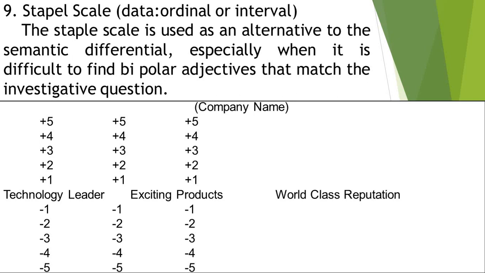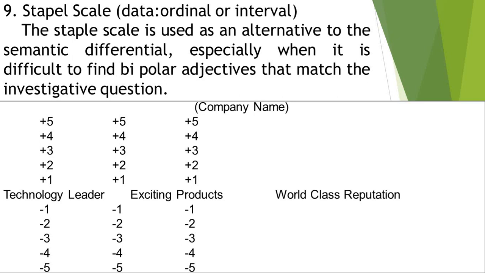Stapel scale. This type of data is ordinal or interval. The Stapel scale is used as an alternative to the semantic differential, especially when it is difficult to find bipolar adjectives that match the investigative question. So this is somewhat the same as the semantic, but the semantic has two bipolar adjectives.